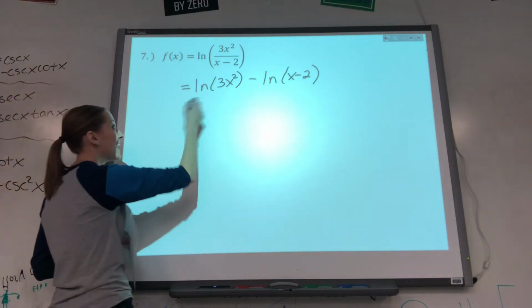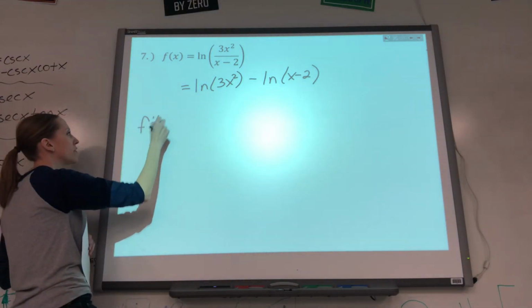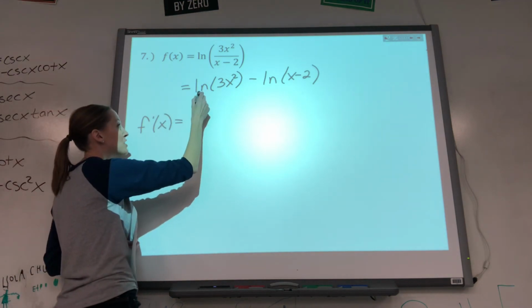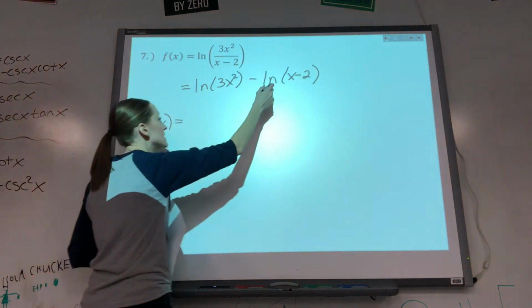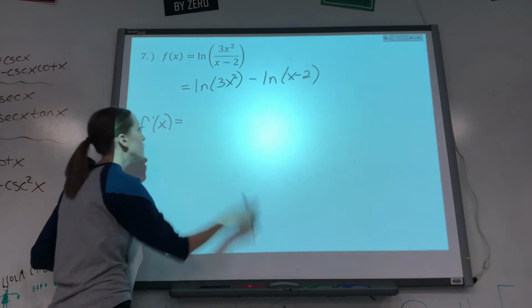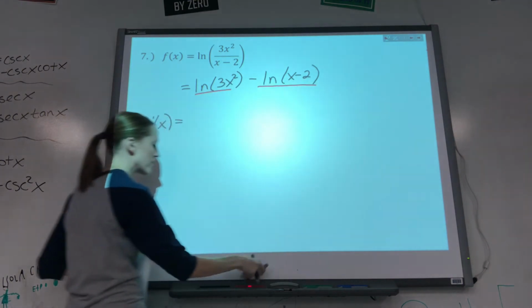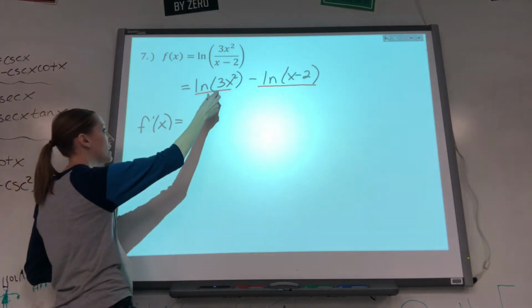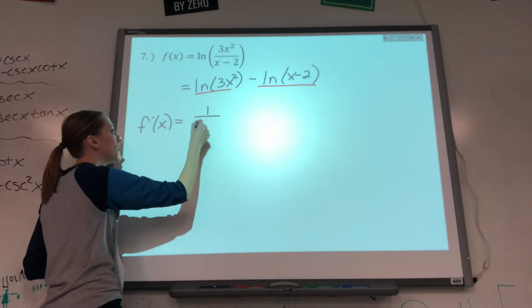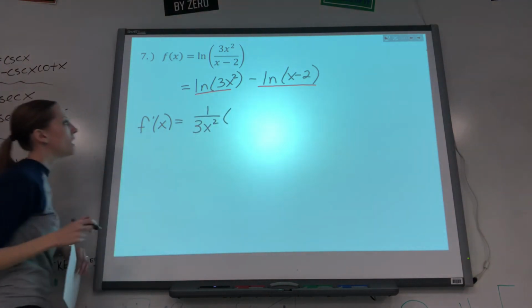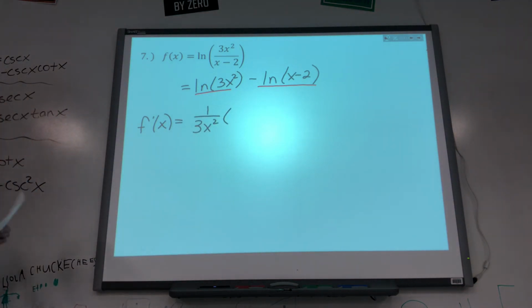So this again, I'm going to start the derivative here. This is the natural log of u. This is also natural log of u. We're going to take the derivative of each part separately. So starting out right here, I've got 1 over 3x squared.